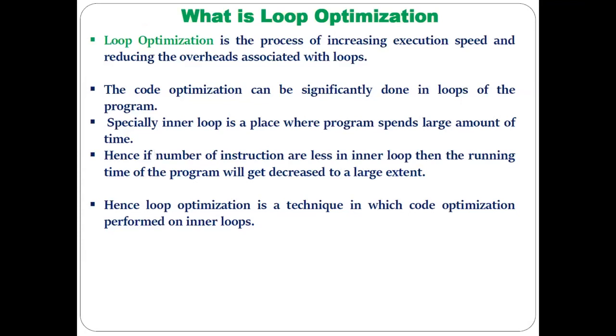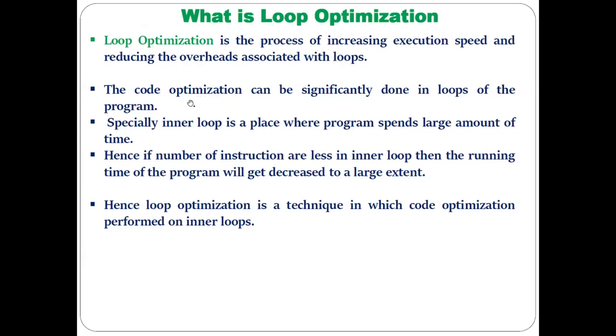So what exactly is optimization? You already know. Optimization is nothing but modifying your intermediate code, that is your original code, in such a way that the meaning of the program should not get violated, and your program should be capable of running faster with less space. Understood?